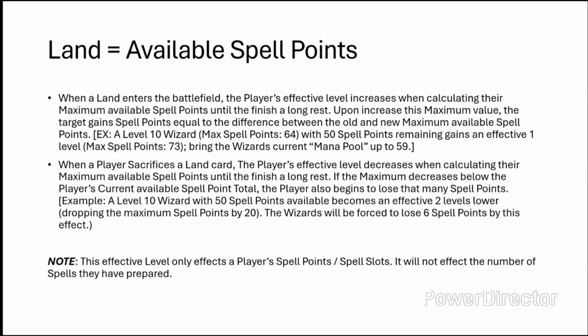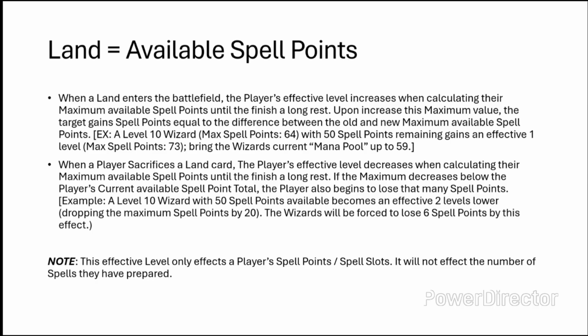Upon increase of this maximum value, the target gains spell points equal to the difference between the old and new maximum available spell points. For example, a level 10 wizard has a maximum spell point of 64. They currently have 50 spell points remaining when they gain this one effective level.